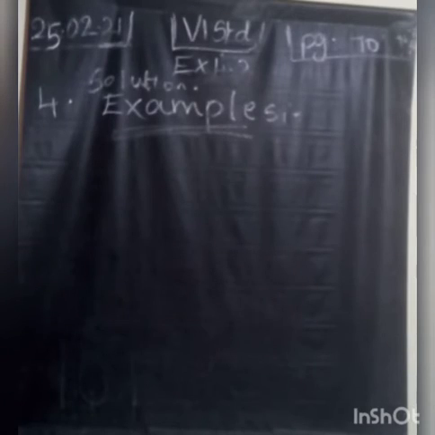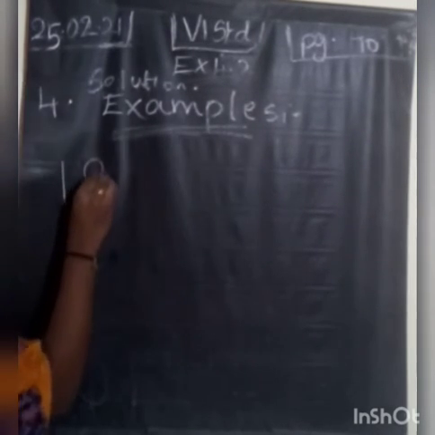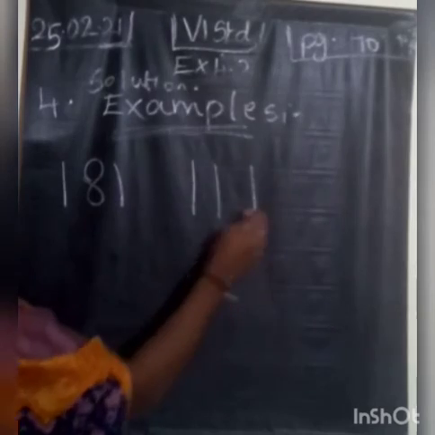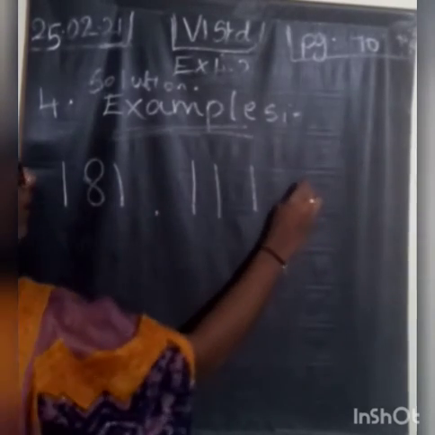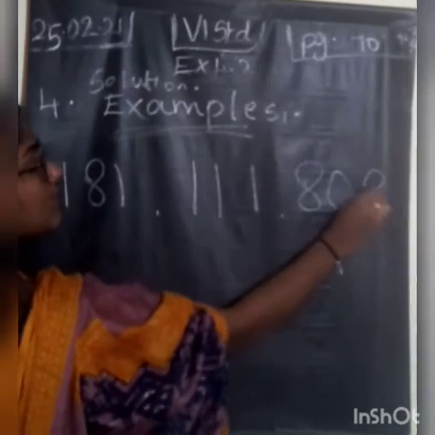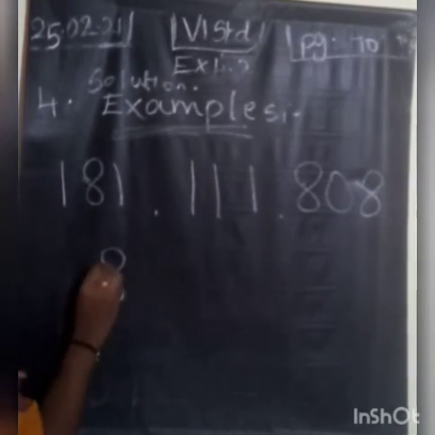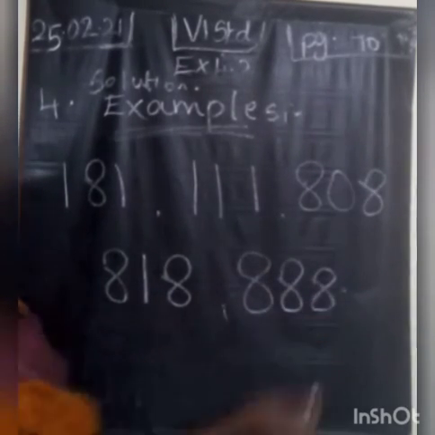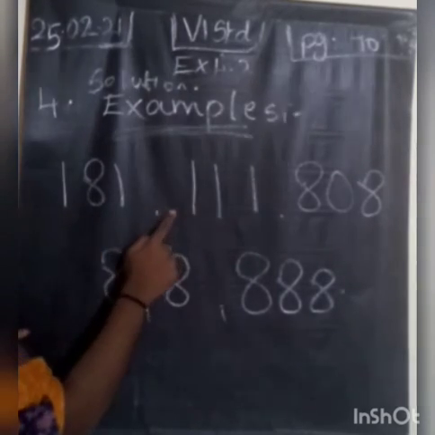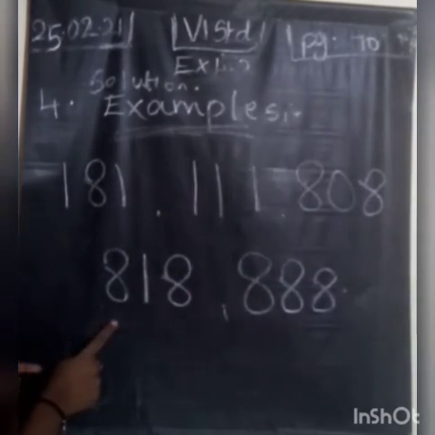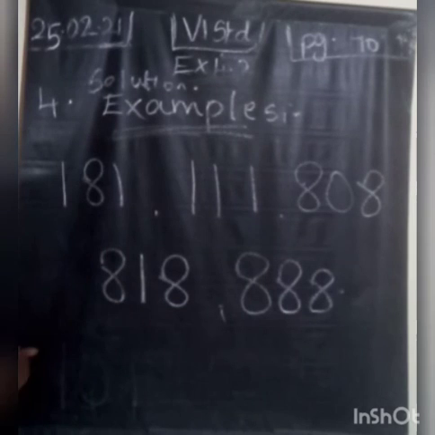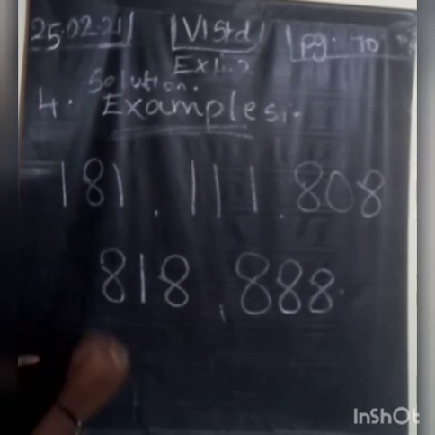The answers are 181, 111, 808, 818, 888. So these 5 examples have rotational and reflection symmetry.